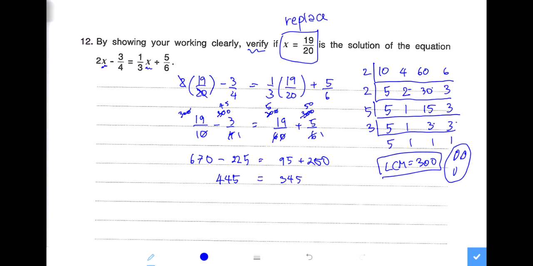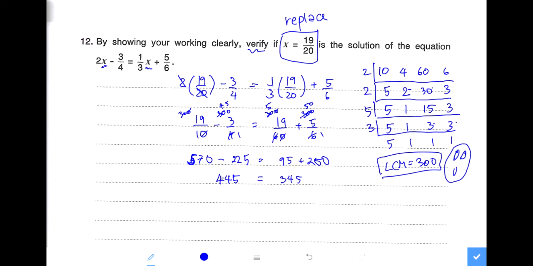Oh, I make a mistake. I found a mistake now. Here, 19 times 30 is 570, not 670. So I made it 100 too big.